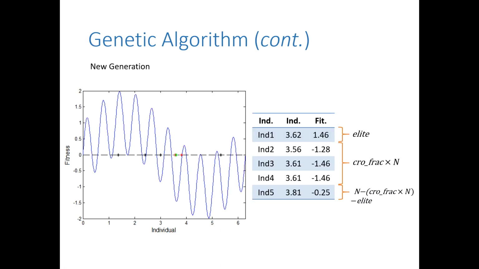So that's it. You will get a new generation. And again, you compute the fitness, and you can see, for example, originally we had 5 individuals in generation 0 generated randomly, the black points. In generation 1 you have the red and green.